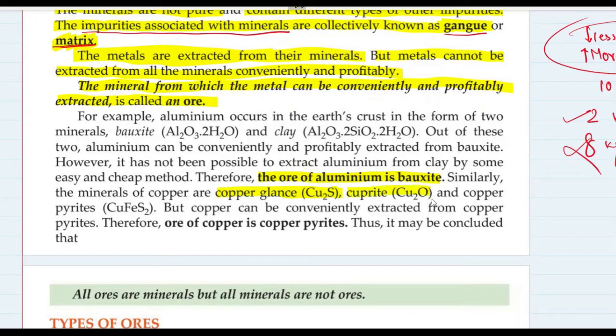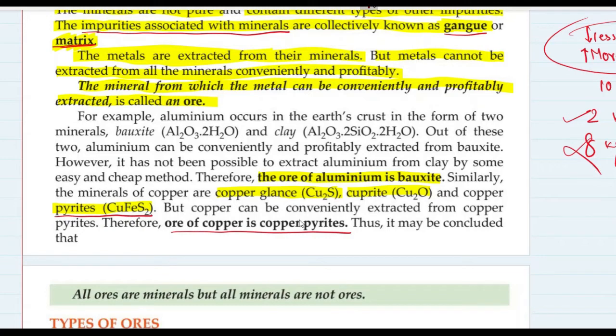Cuprite, copper oxide, and copper pyrites, CuFeS2. But copper can be conveniently extracted from copper pyrites. So out of these three, copper glance, cuprite, and copper pyrites, that is CuFeS2, copper iron sulfide, that's a compound or complex salt, you can call it. So this complex salt is an ore of copper, right?